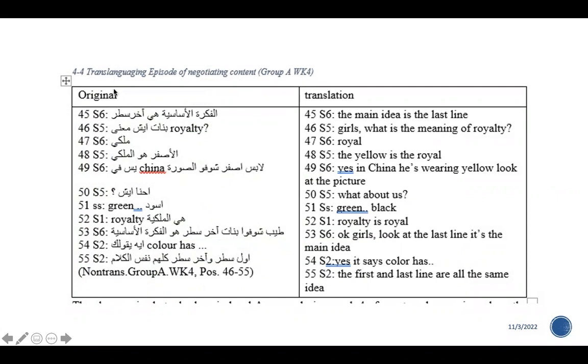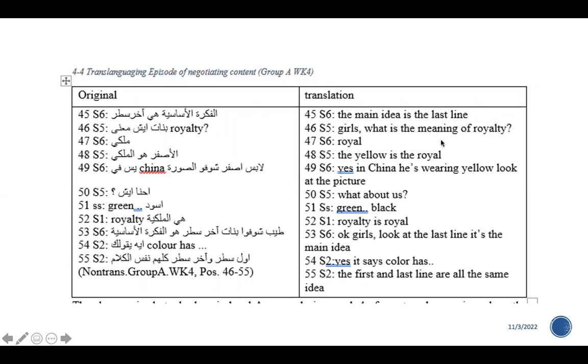This is taken from the translanguaging episode for negotiating content. Just to give you an example of how using both languages enabled them to think and negotiate more. So this is part of the preview. They're looking at colors and royalty colors.